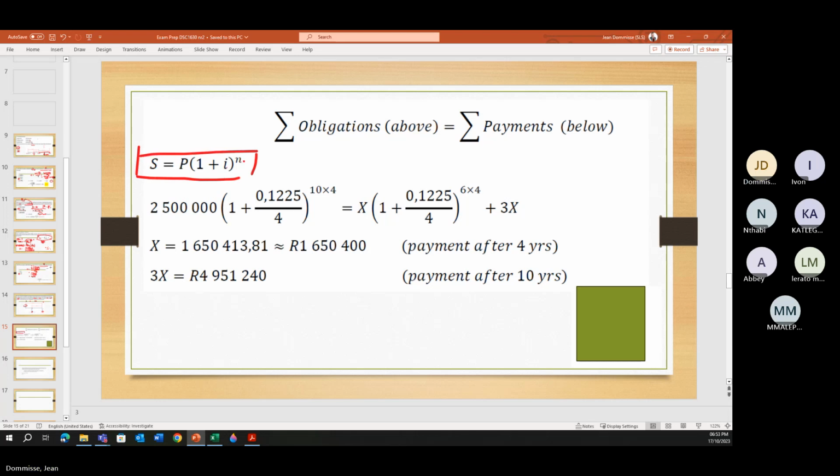So we're going to look at that 2.5 million over the 10 years period. That would be your original future value.